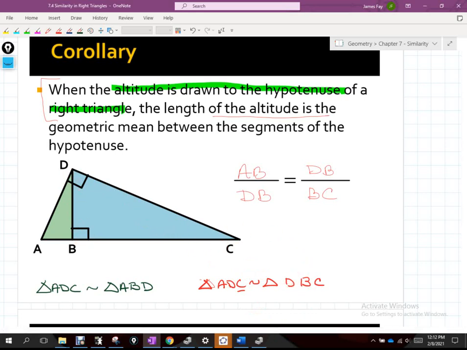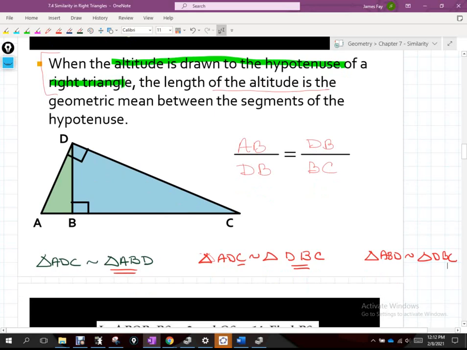D. Okay. Now, because of the transitive property, the third argument that we can make is that those two triangles are congruent. So triangle ABD, not congruent, similar, ABD similar to triangle DBC. Okay? So now running through this, if those are similar, we should have some ratios.